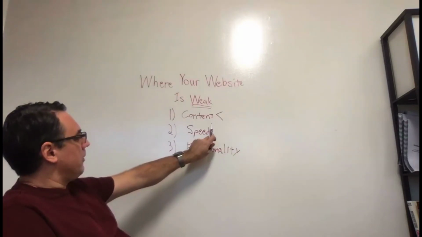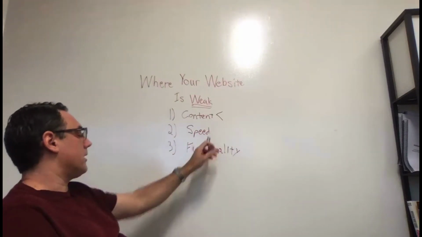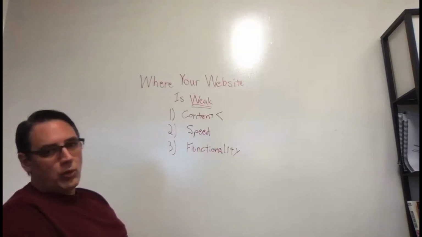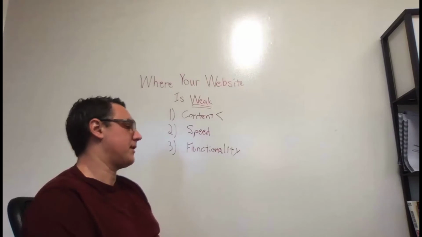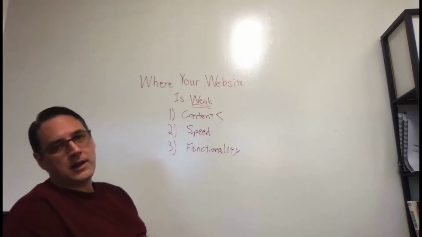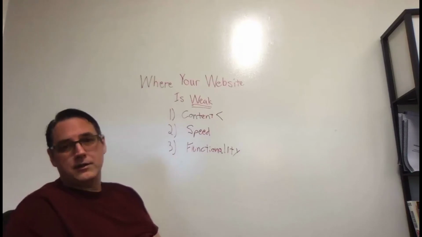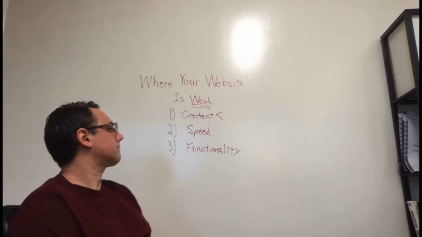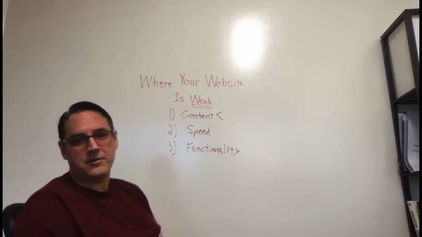The problem with that is that those are assumptions. What most people will do is test their website on a high-speed connection using something like GTmetrix, and GTmetrix will say, hey, your website loads under 2 seconds.